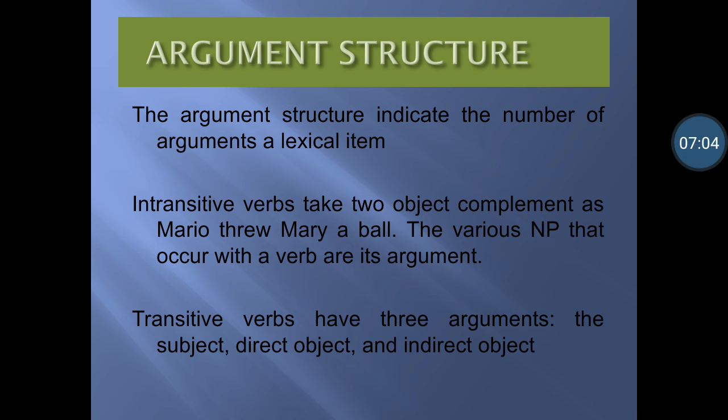A ditransitive verb has three arguments: the subject, direct object, and indirect object. It is important to note that verbs determine the number of arguments in a sentence. Also, it limits the semantic properties of both its subject and its complement.